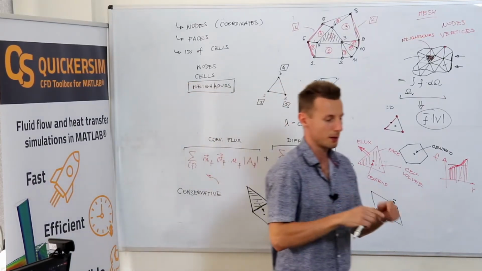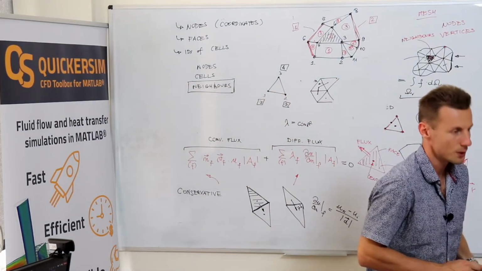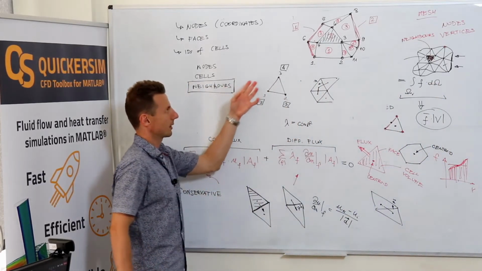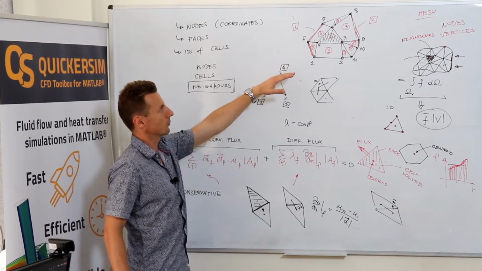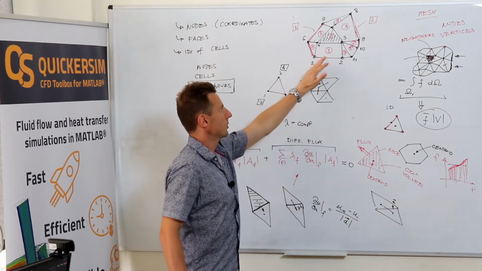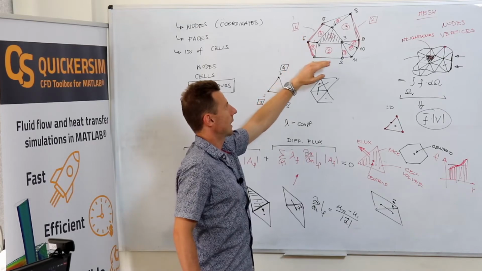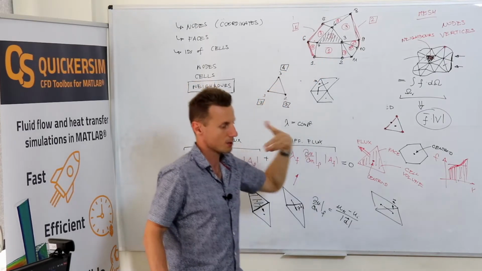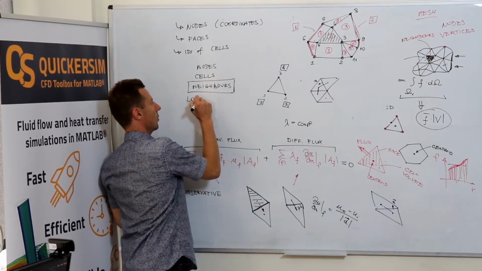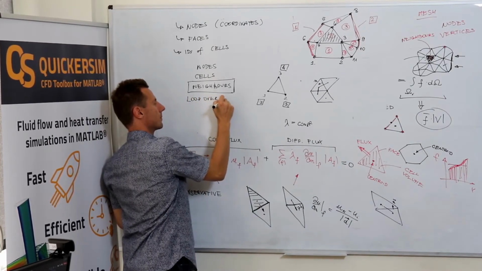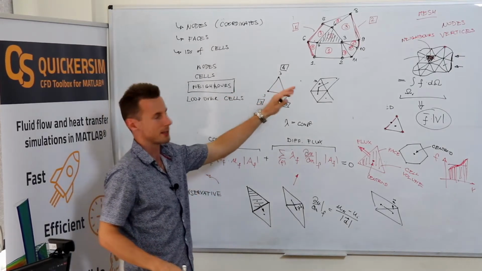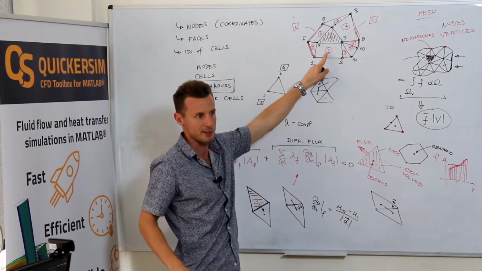Okay, so let me rephrase that. What's the naive, stupid way of generating the neighbors array? The stupid way is to loop over cells. I'm starting with, let's say, the first cell.